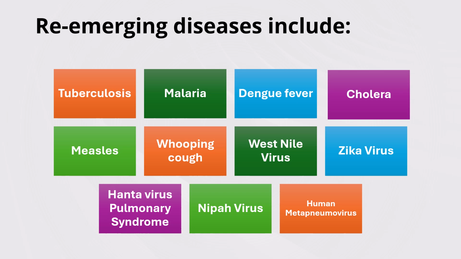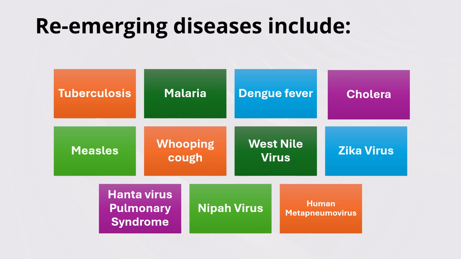Also, changes in the climatic conditions the world over and changes in the human demographics have been one of the major factors for the re-emergence of malaria, and it has led to increased prevalence of this disease.